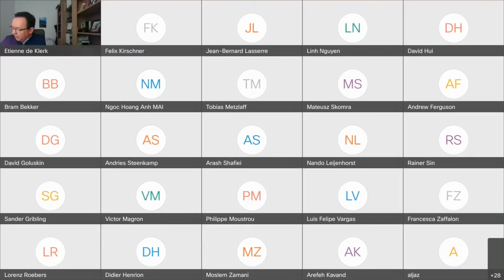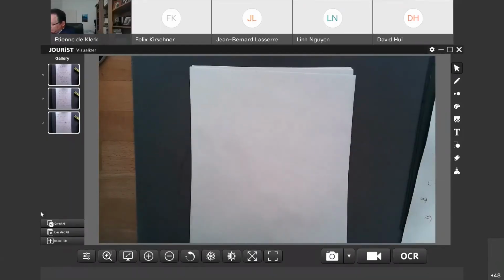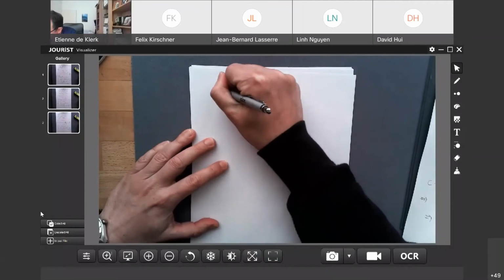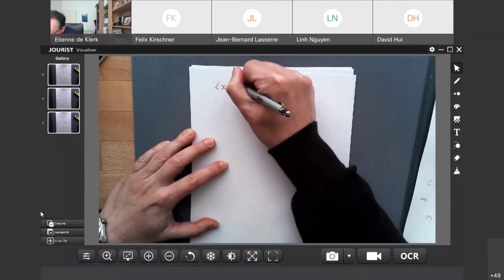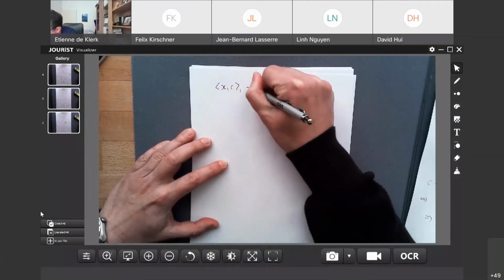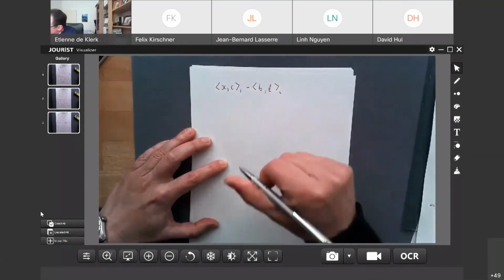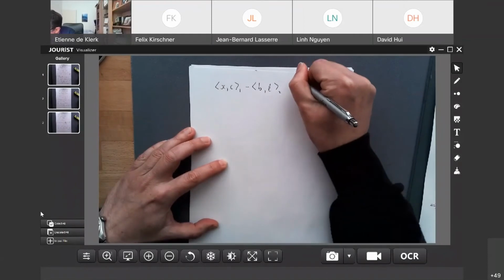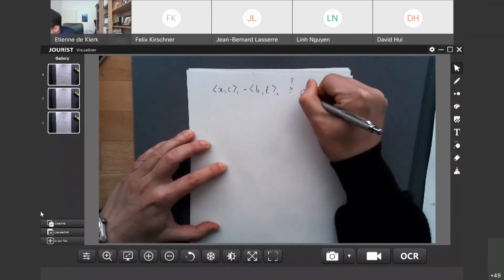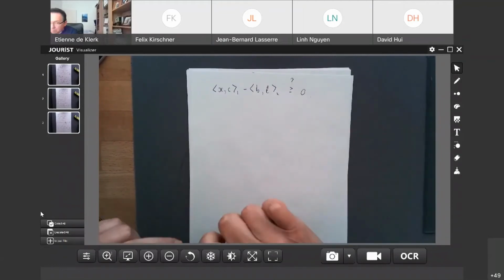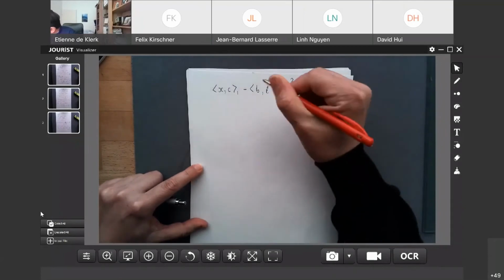If we consider how this looks, we have the primal objective at the primal feasible plan X minus the dual objective at the dual feasible plan L, and we want to show, but we don't know yet if it's true, that this is greater equal to 0. Of course, we need to remember where all of these things live.